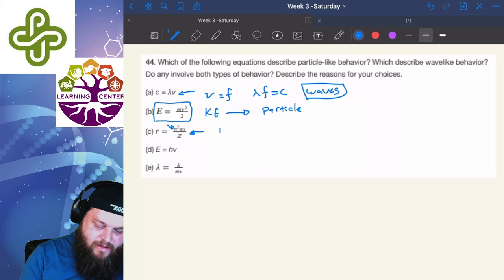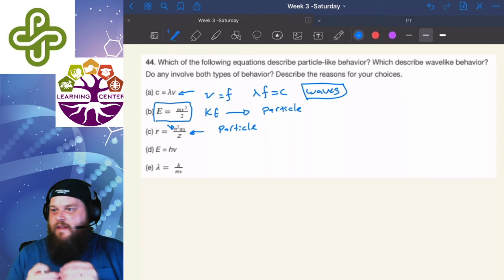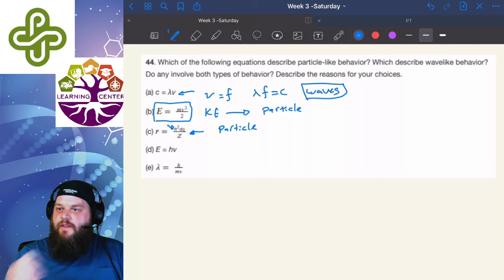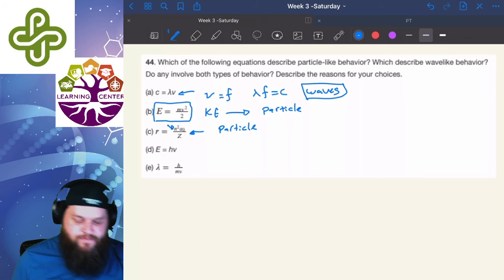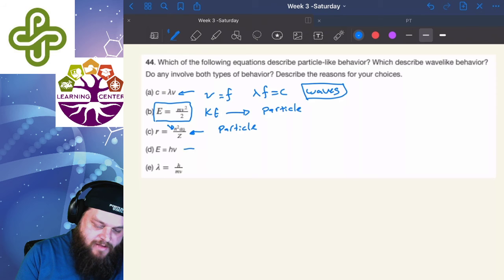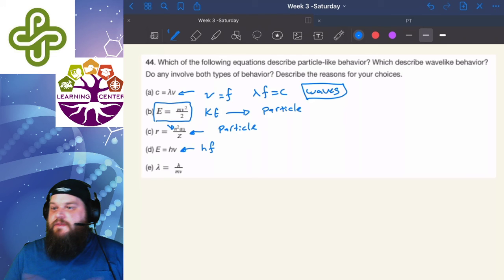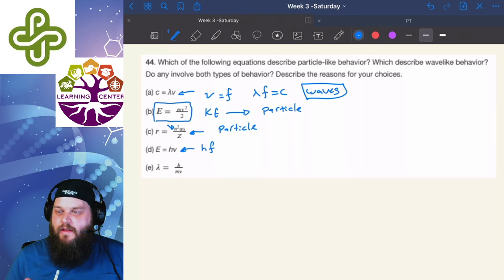But this deals with particles, because Bohr didn't really think of his electrons acting as waves; he treated them all as particles. This next one equals hf, so that's what I've been using, where f is the frequency, and this is the energy of a light wave.